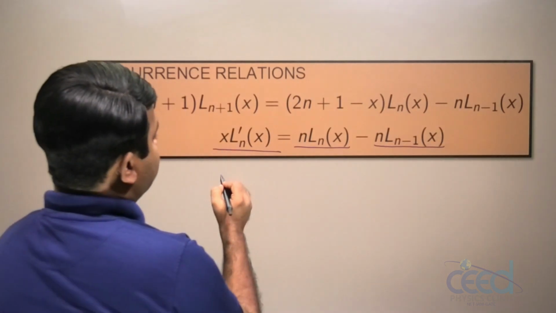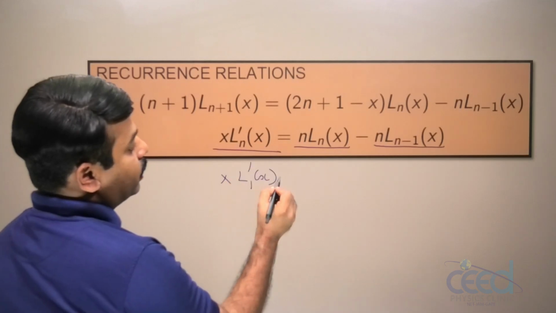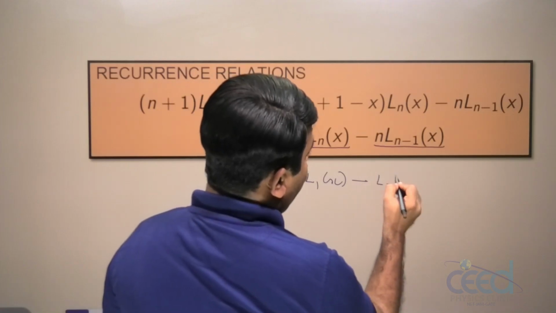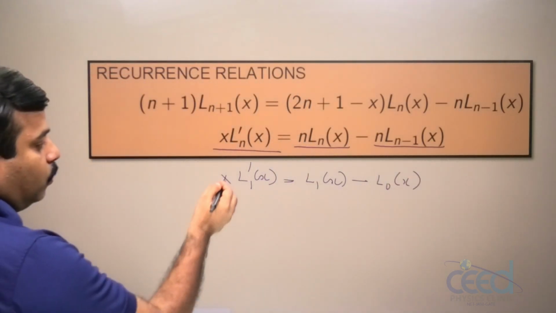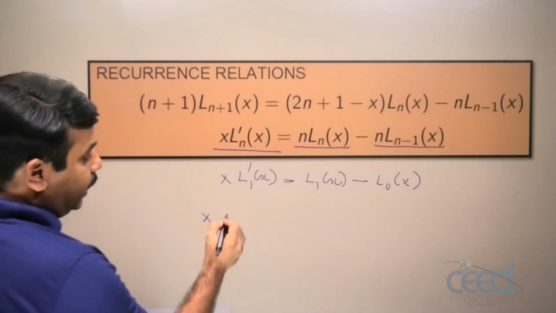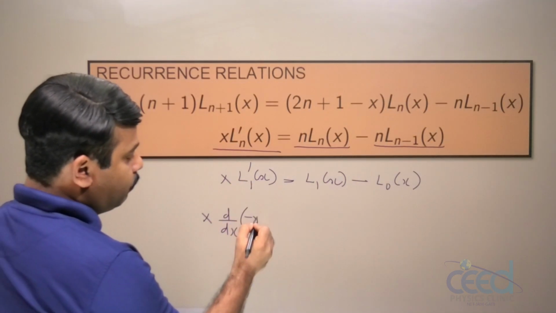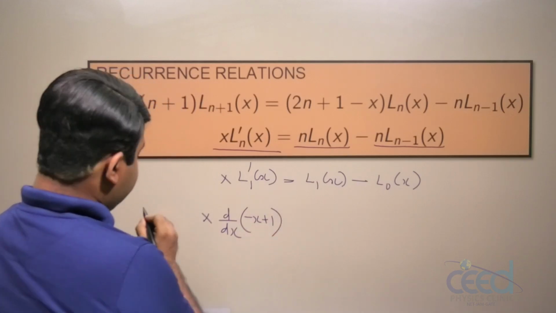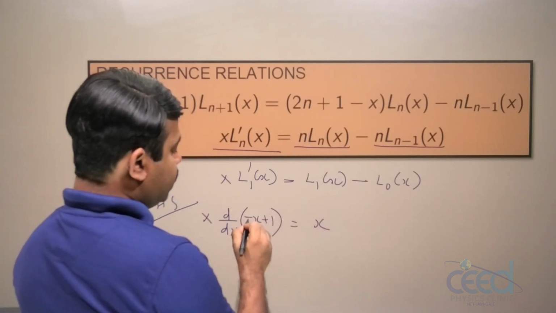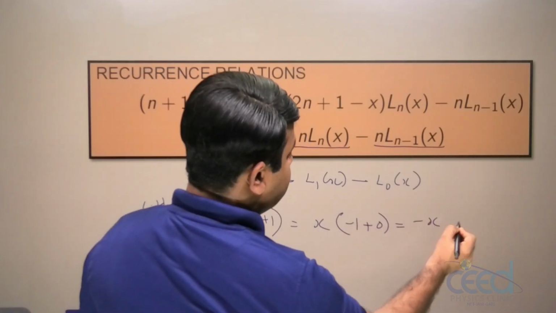Put n equal to 1: x L1 dash(x) equals L1(x) minus L0(x). Here L1(x) is minus x plus 1, and its derivative is minus 1. So the LHS is x into minus 1, which is minus x.